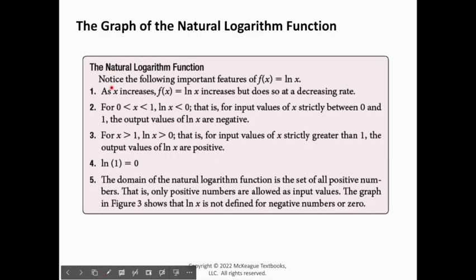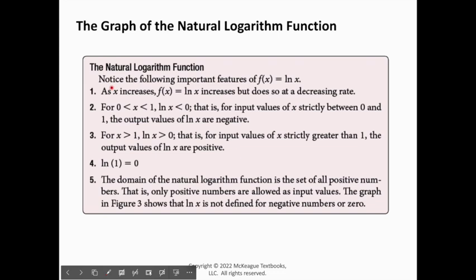So now let's look at the graph of the natural logarithm. So we have some properties listed out here. The first property says as x increases, the function increases, but it does so at a decreasing rate, meaning it's going to increase as x increases, but it's going to increase more slowly over time.